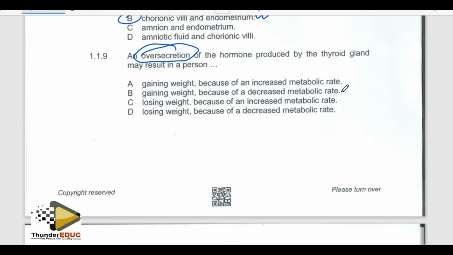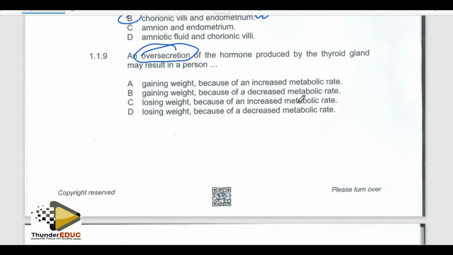Don't forget that thyroxine is related to metabolic rate. High production of thyroxine, you expect to have a high metabolic rate. And if you have high metabolic rate, it means that the food is being broken down very fast, meaning that you might not have food to be stored and then you have this gaining.